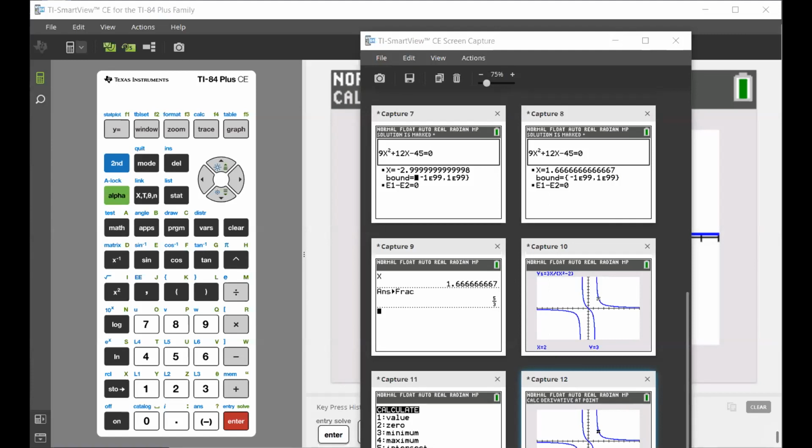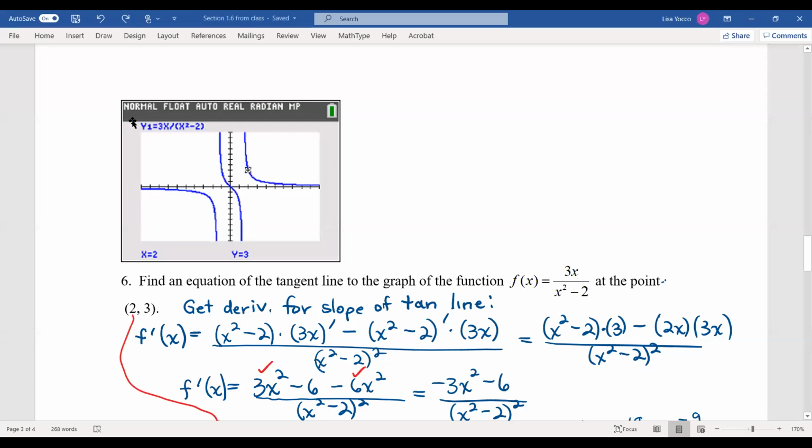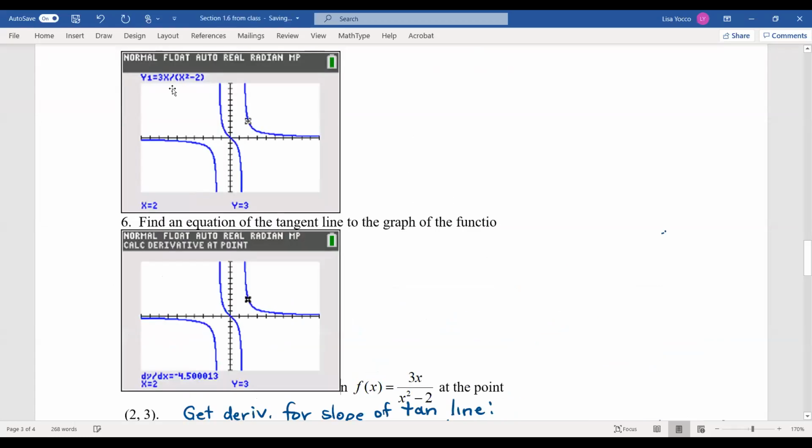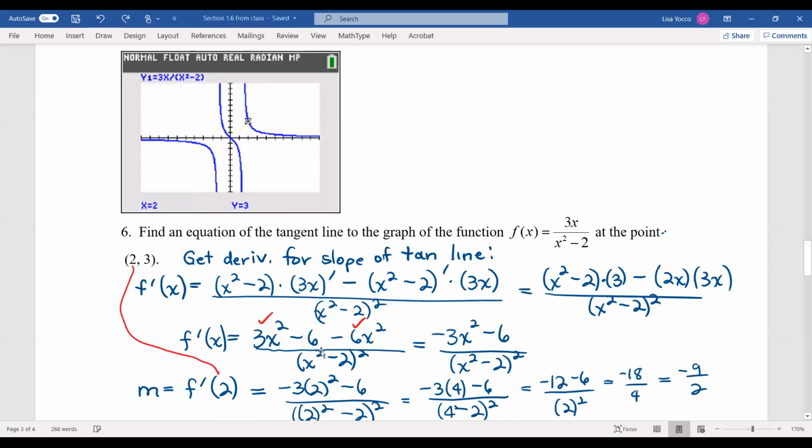Okay, so head back over to the, really don't know what just happened here. I'll pop in that other screen. That's not it. Okay, so hang on.